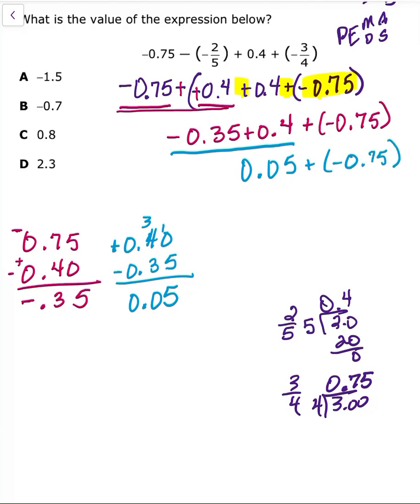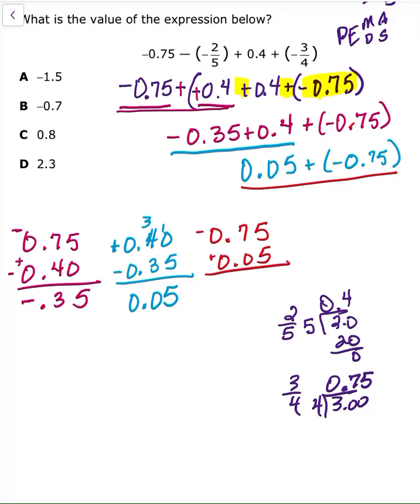Okay, so we're going to add positives and negatives, which means we're going to subtract them. All right, so that's what we're doing next. So whatever we have more of has to go on top. It's negative. This one's positive.